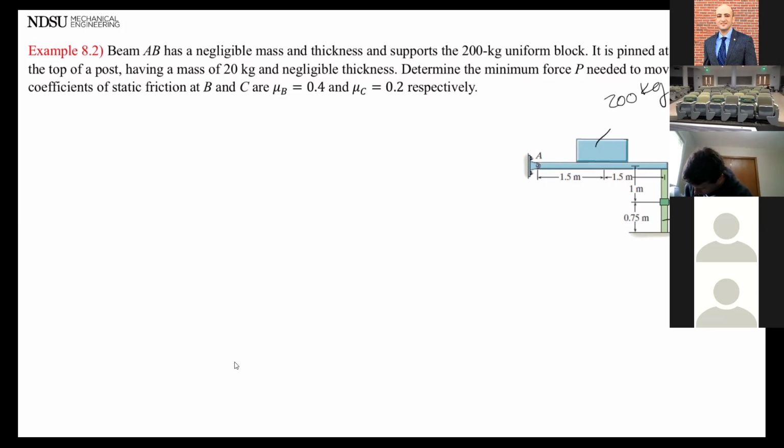Negligible thickness, okay. Find the force P needed to move the post. The coefficient of static friction at B and C are this and this. All right. Step 1 is to draw a free body diagram of what?